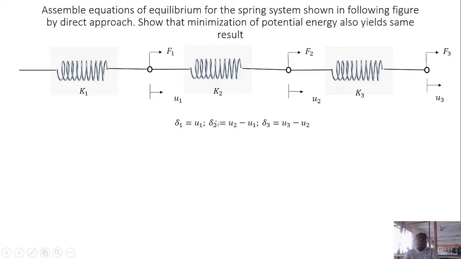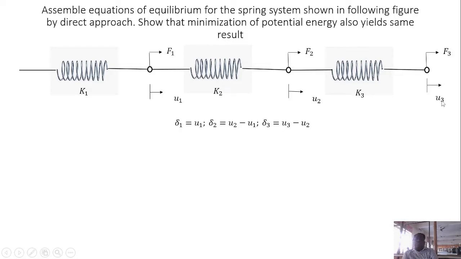So delta 2 is u2 minus u1, and automatically we can move to the third spring, because in this series connection the third spring is also available. The third spring has its own stiffness, which is K3, and its displacement u3, and I want to identify the extension, delta 3, which is equal to u3.